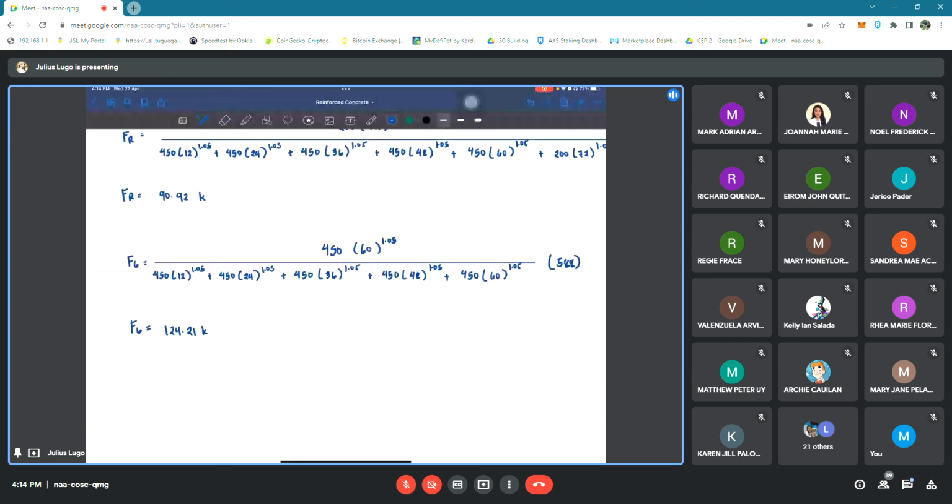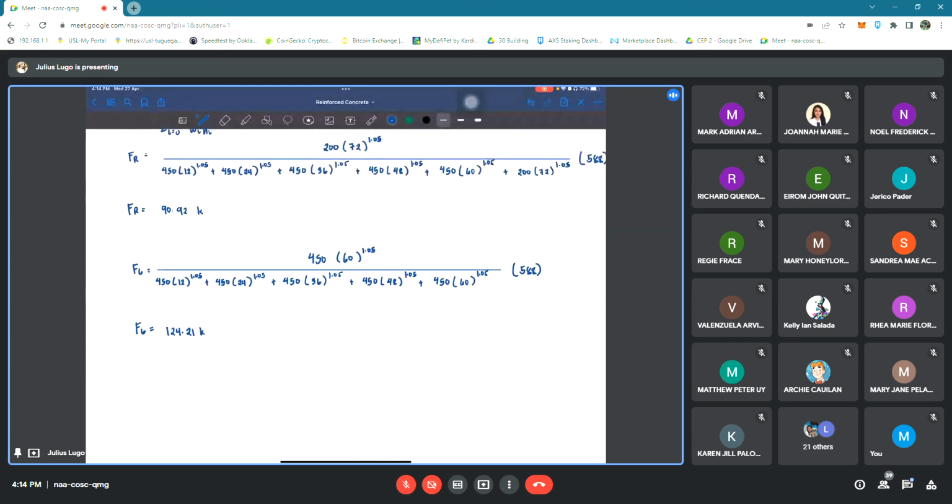Okay. So, ganyan na po yung ating forces. Now, so yung FR ninyo will act on the roof. For example, ito yung ating frame. Ito yung roof. So, this is 90.92. Tapos dito naman, this is 124.21. Tapos yung sum dapat ng lahat ng yan is equal to your base shear. So if you take the sum of that para ma-check ninyo, kung equal siya sa base shear, ibig sabihin tama yung pinaggagawa ninyo.